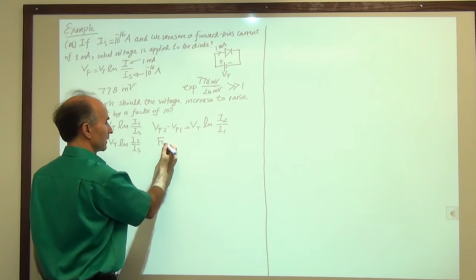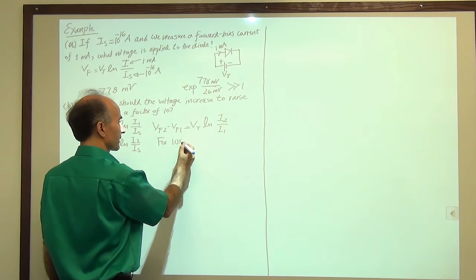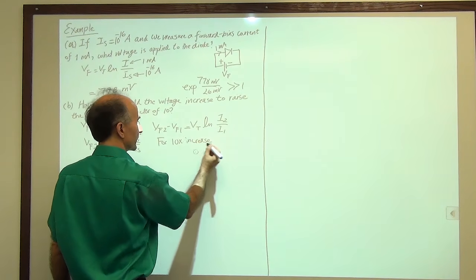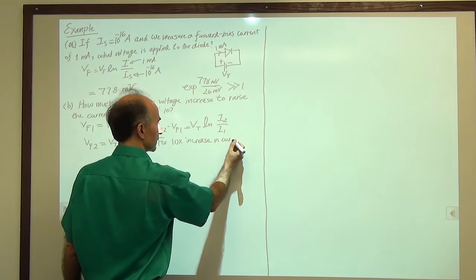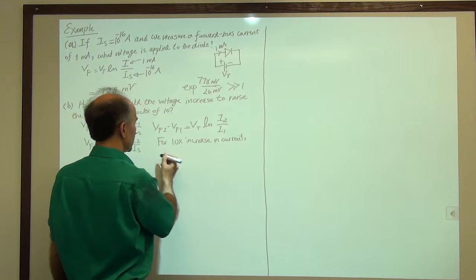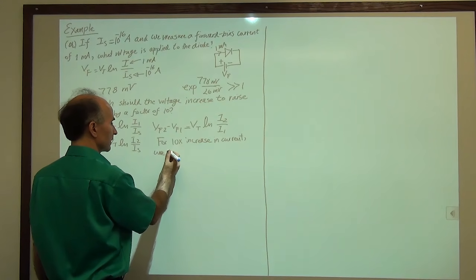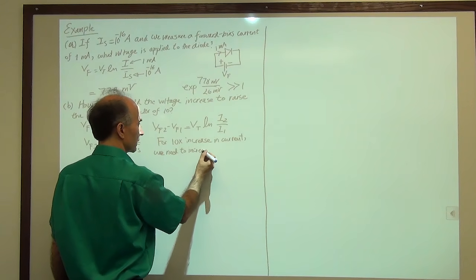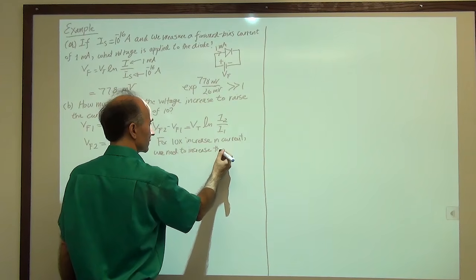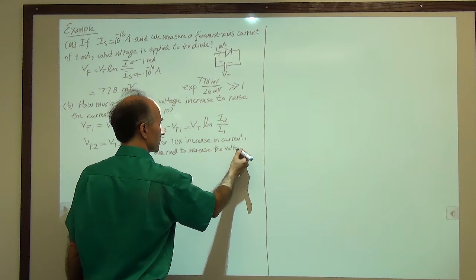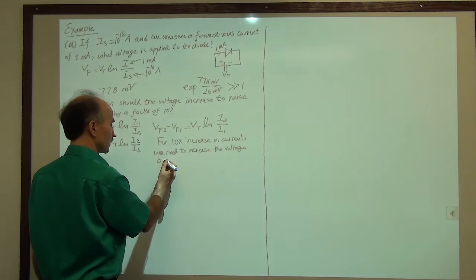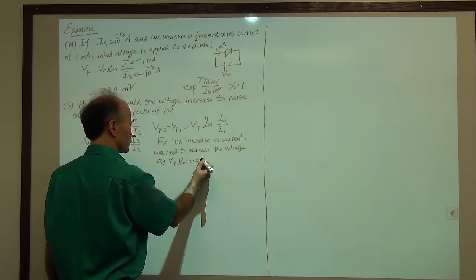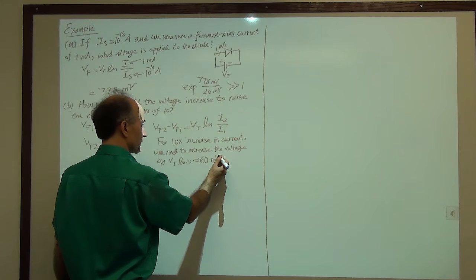So for a 10x increase in current, we need to increase the voltage by Vt log of 10, which is approximately equal to 60 millivolts.